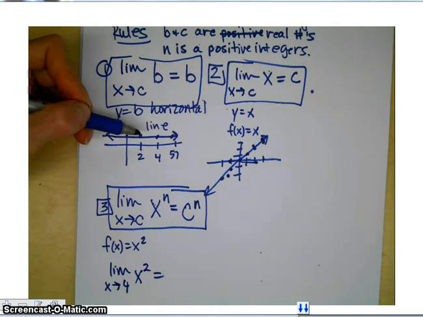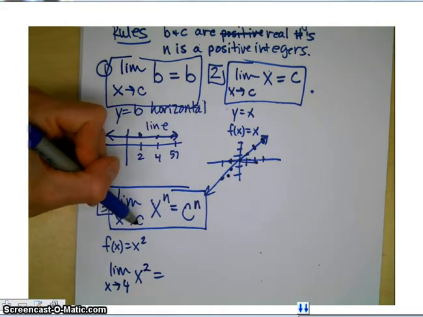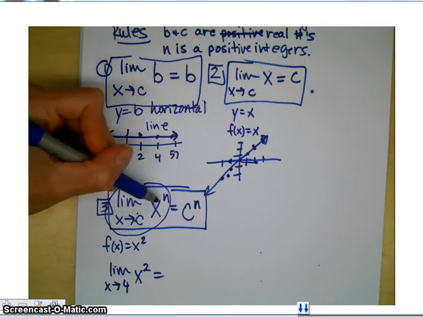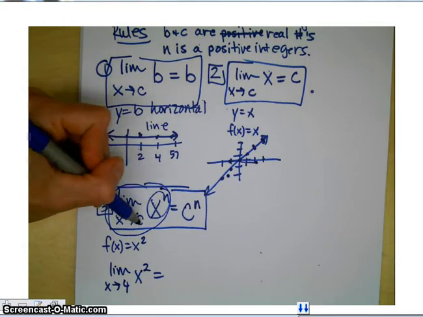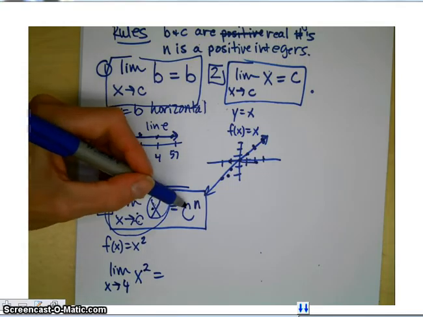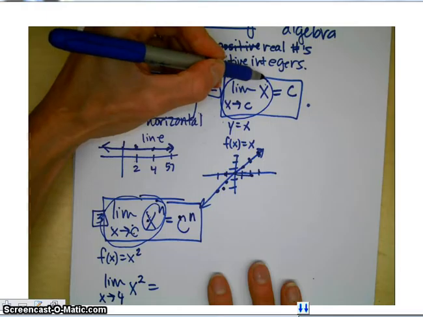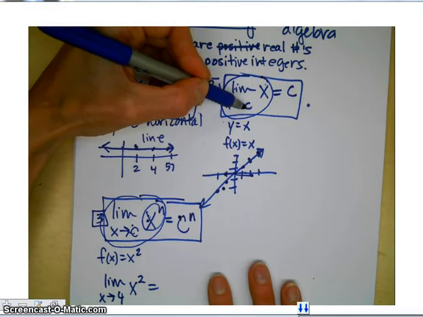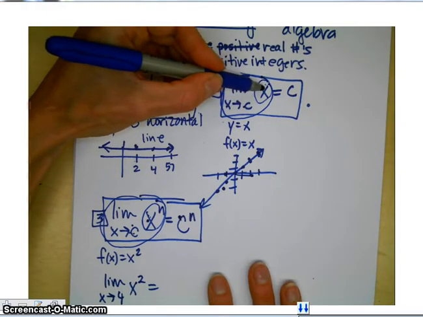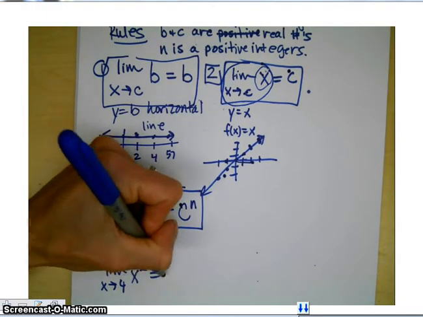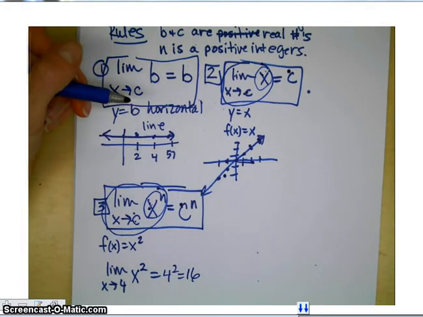Just 4 to the second power. Isn't it basically saying, to find this limit, the limit as x goes to this number of this function, replace the x with what? C. That's all it's saying. Look here. Isn't this saying the same thing? The limit as x goes to c in this function, replace the x with c. That's all it's saying. So this would be 4 squared, or 16.